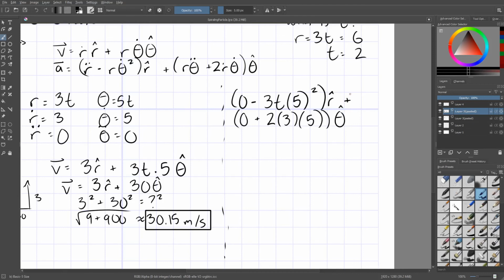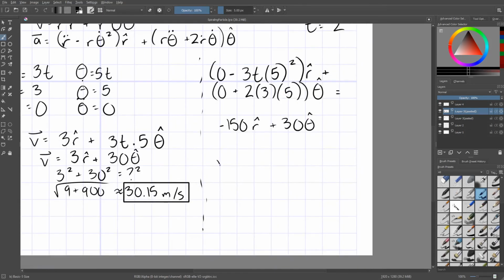If we substitute 2 in for t, we end up getting negative 150 r hat plus 30 theta hat.